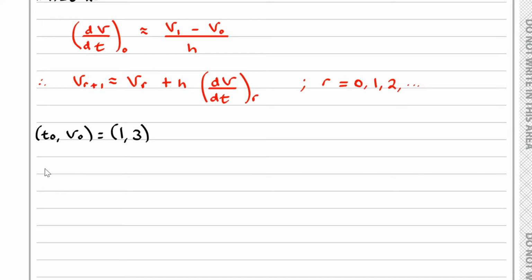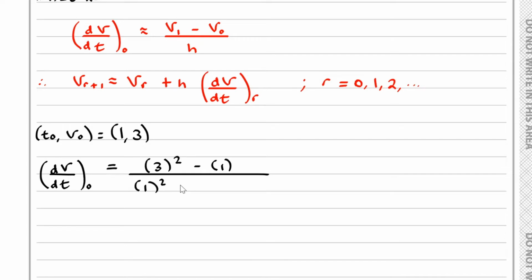So dv over dt naught is equal to 3 squared minus 1 over 1 squared plus 1 lots of 3. And if we work this out, we end up with 2, and therefore we can now work out the value of v1 using this formula over here.